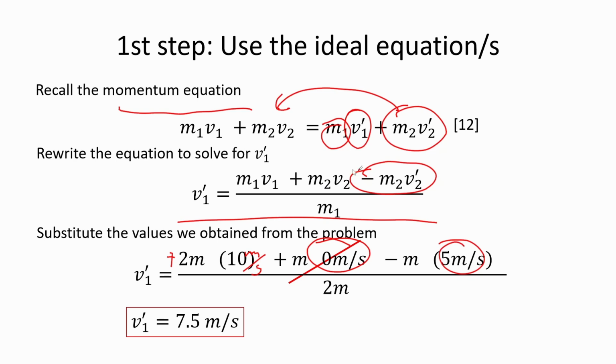Okay, the negative comes from our transposing of this. So then divided by mass 1. Your mass 1 is 2m, so it's 10 meters per second times 2, that's 20, or 20, depending on your accent. So it's 20.